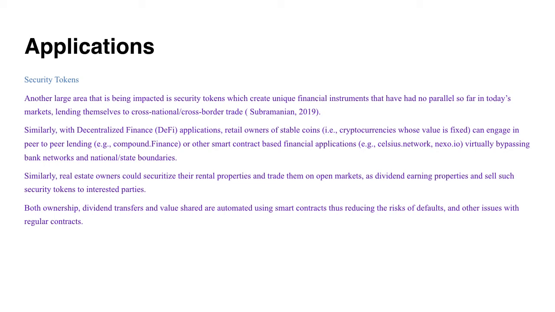Similarly, with decentralized finance applications, retail owners of stable coins, cryptocurrencies whose values are fixed, can engage in peer-to-peer lending, for example in compounded finance or the Celsius network, or use other smart contract-based financial applications, bypassing banks, networks, and national state boundaries, and you can earn interest that is pretty attractive. For example, Celsius network promises about 8% interest rates for deposits in stable coins, right?